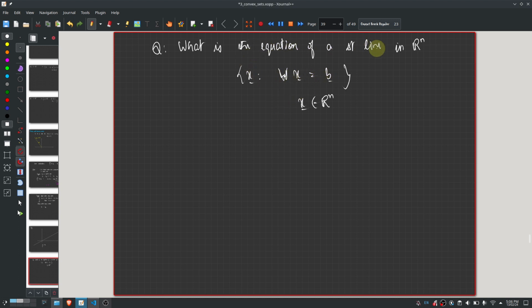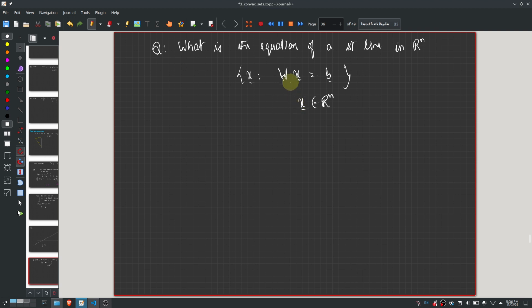Now, for a straight line, what would the equation be? What would you say about W if this had to describe a straight line? Would it be a rank one matrix? Would that give you a straight line or a hyperplane?